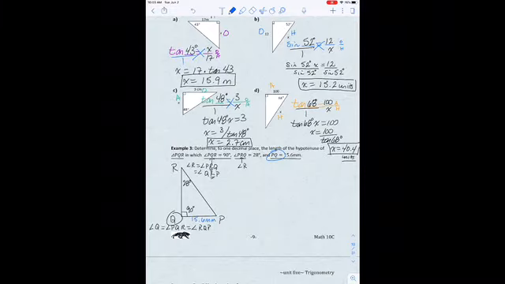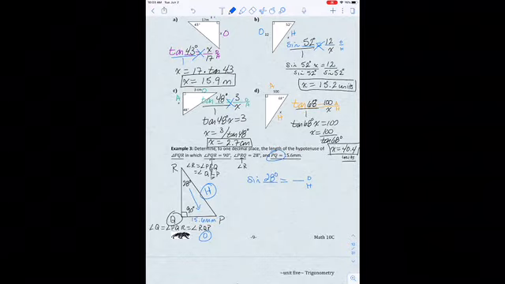So the setting up of the triangle was probably the most difficult part here, so hopefully you're able to follow the reasoning there. This side here would be the opposite, and we're looking to find the hypotenuse. That's our missing side, that's our x. So what ratio are we going to use? We're going to use the sine ratio, and we're going to set up our ratio sine of blank is blank over blank.